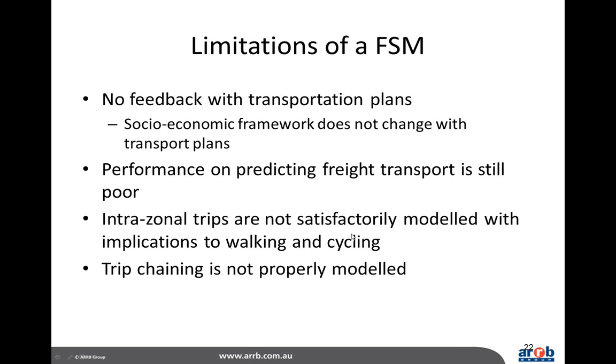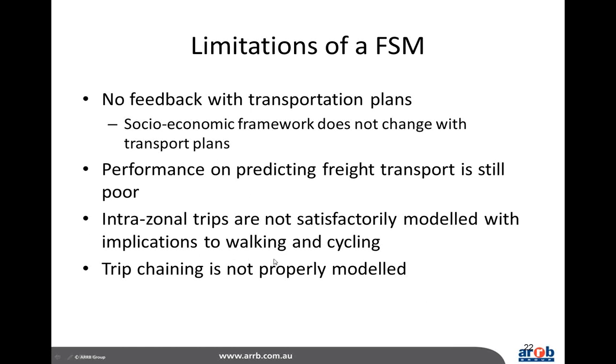Intrazonal trips are not satisfactorily modeled, with implications for walking and cycling. This is an offshoot of the zoning system. If you have a very rough zoning system, then the trips within that zone could not be modeled properly. You can, of course, have smaller zones, but still you can never go to a certain level of resolution where you can really model walking, for example.